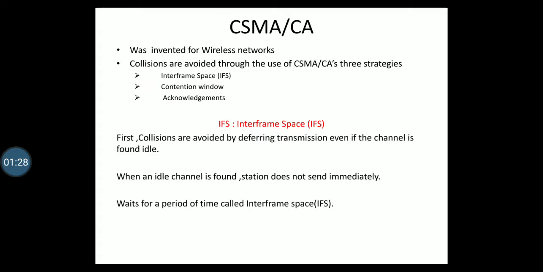Even though the channel may appear idle when it is sensed, a distant station may have already started transmitting, and its signal has not yet reached this station. The IFS time allows the front of the signal transmitted by the distant station to reach this station.